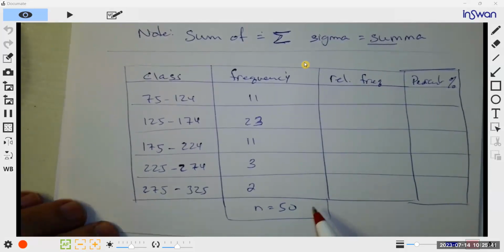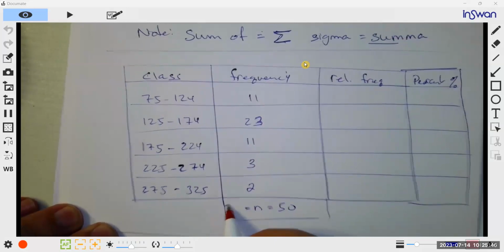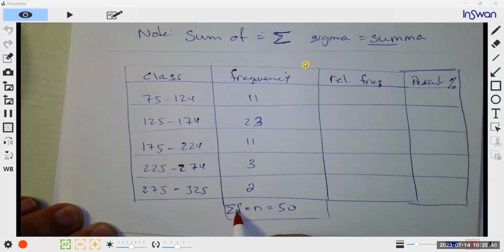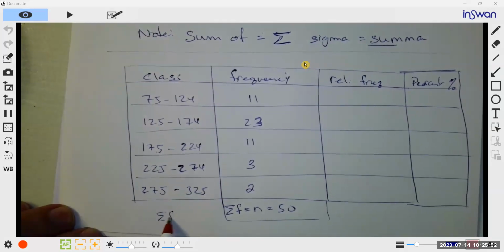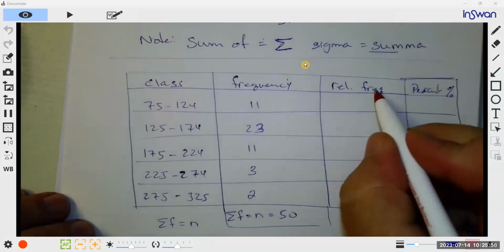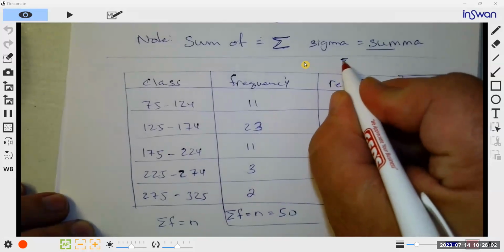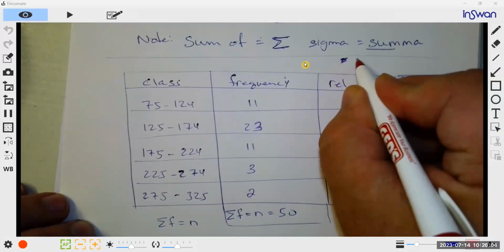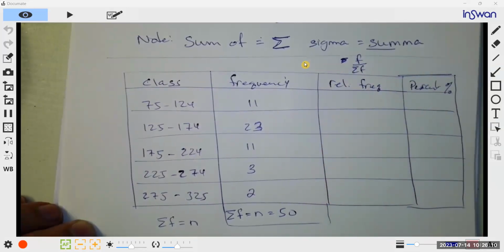So relative frequency, actually, because of the symbol I just used, that's the formula I would use. The summation of all the frequencies is equal to n. So the relative frequency formula is the frequency over the summation of all the frequencies.